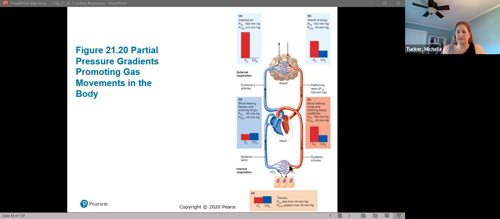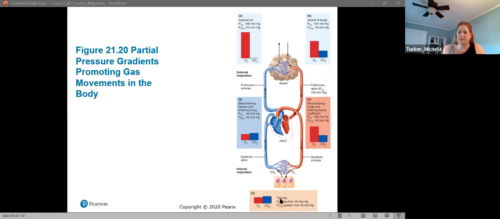systemic arteries. Then tissues, because of metabolism, they need to take up oxygen. Tissues are going to follow their concentration gradient. This is high oxygen down to low oxygen, high carbon dioxide down to lower carbon dioxide.